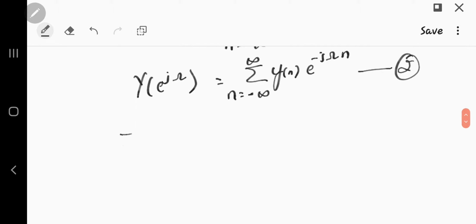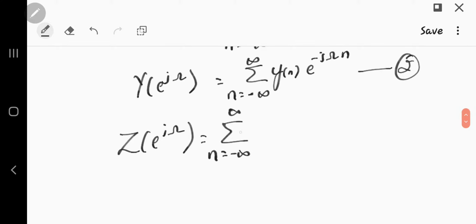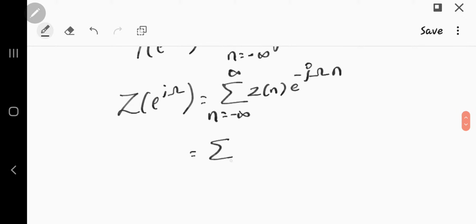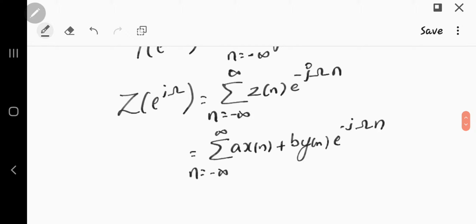Similarly, Z of e power j omega is equal to the summation of z of n e power minus j omega n. Let's substitute the z value here. So z is a into x of n plus b into y of n, times e power minus j omega n. Let's put these two in the brackets.